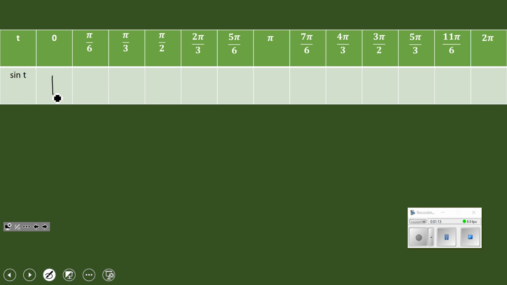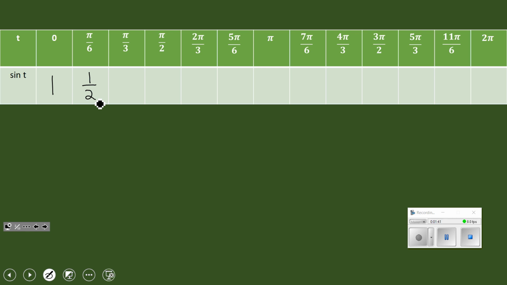If I go to pi over 6, are you with me so far? What is the sine? 1/2. Okay, get your chart out so you can use it, see it, know it. If I go to pi over 3, what would be my sine?